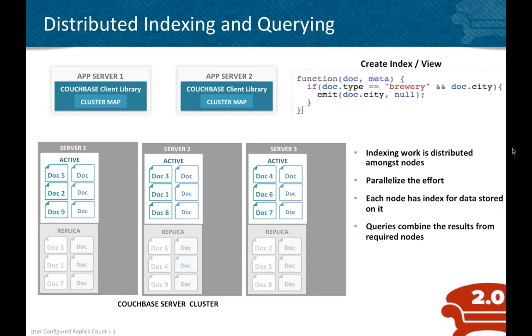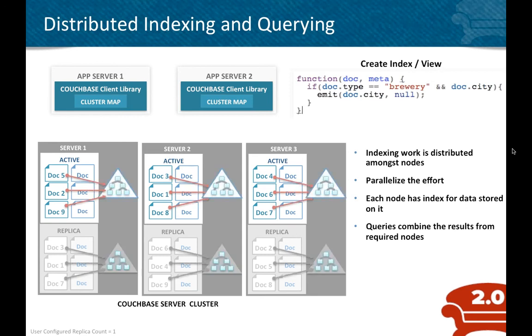So when you define a new index, and don't worry about the details of the definition, we'll look at that in the second half, that index definition is programmed into all the database servers and is used to build the local index both for the active data and optionally for the replica data.